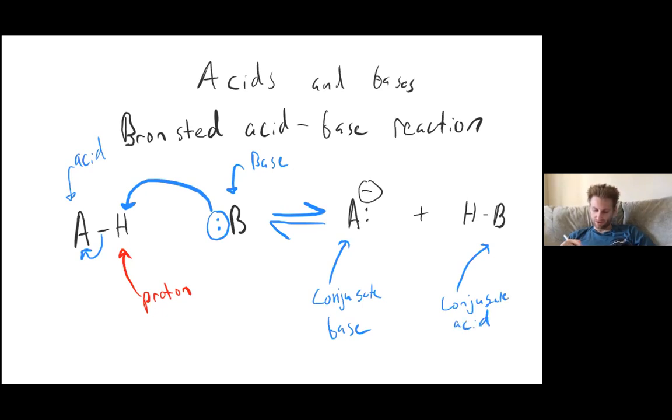You could also always think of it as whatever has the proton here is going to be the acid in the situation. Whatever has the lone pair is going to end up being your base.